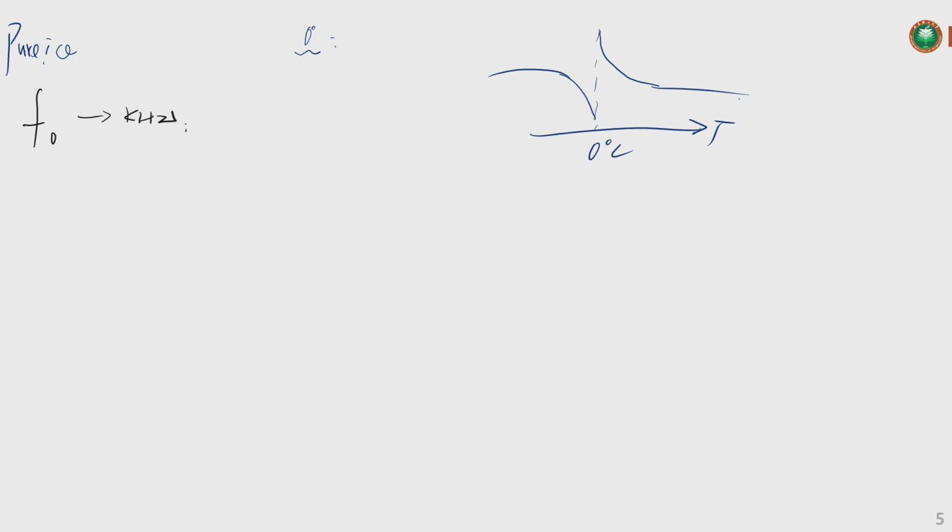That means in the microwave region, the 2 pi f times tau i for ice should equal f over f node, right? So f is in the microwave region and f node is in the kilohertz range, so it will be much larger than 1.